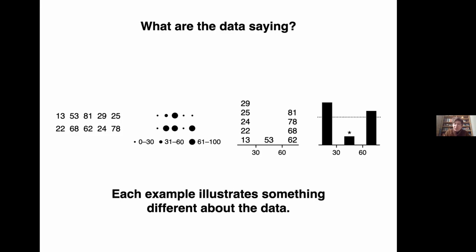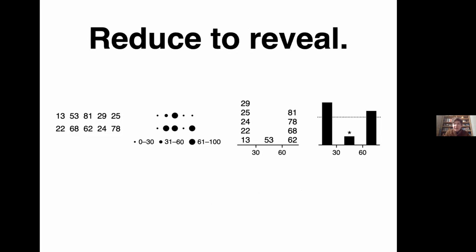And as scientists, we really want to think about what it is we're doing in a figure and what we're actually communicating. So I like to think of this general process, or thing number one, as the concept of reduce to reveal. We're reducing the complexity in that Excel file or CSV file or text file, and reducing that complexity to reveal a pattern in the data.